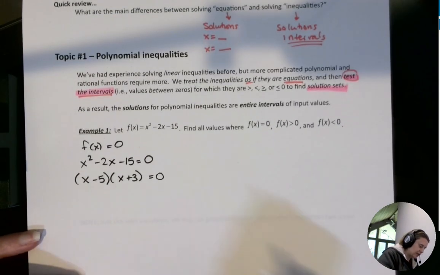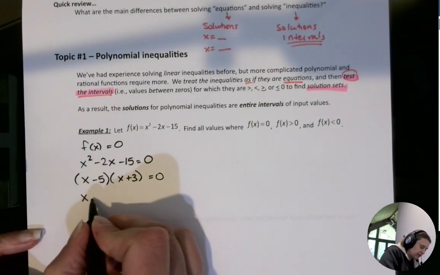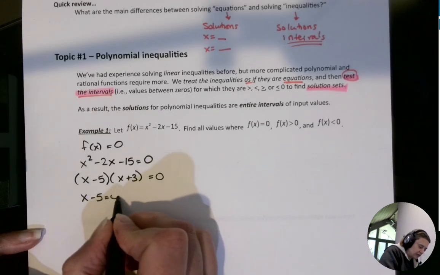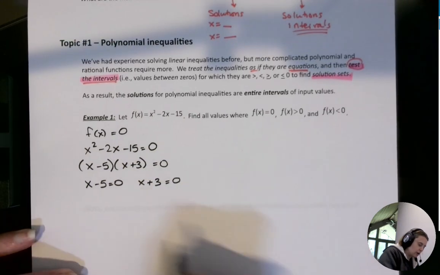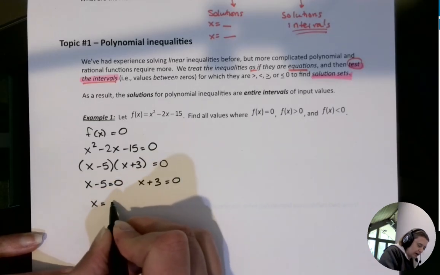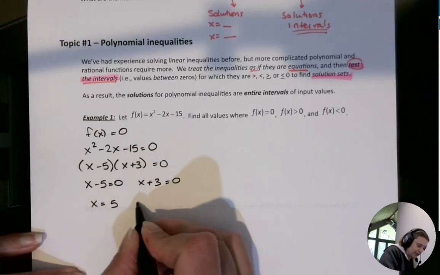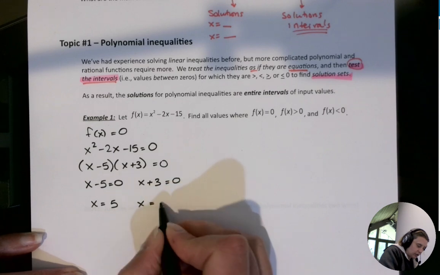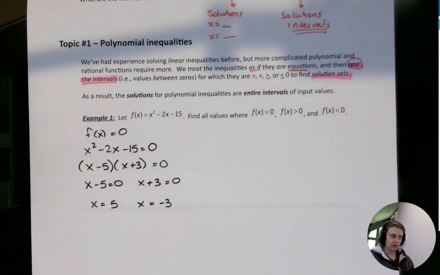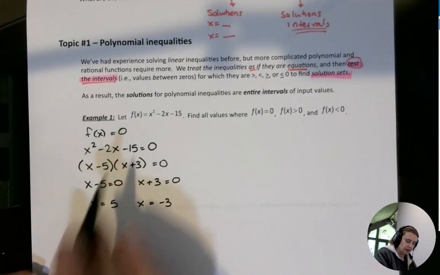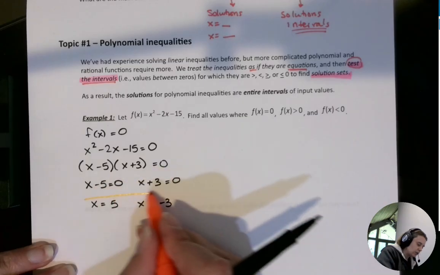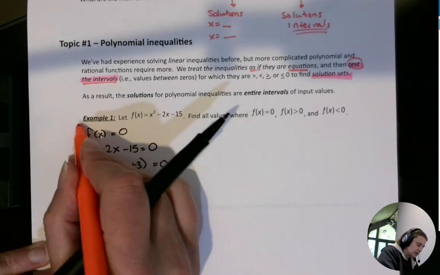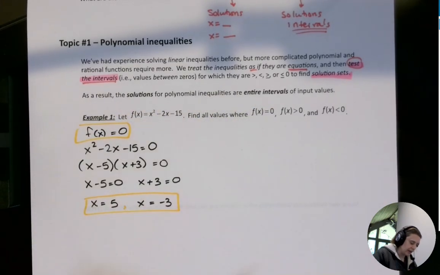So when we solve this, x minus 5 is equal to 0, or x plus 3 is equal to 0. So our solutions are x equals positive 5 if we add our 5 over, and x equals negative 3 from subtracting the 3 over. So the equation f of x equals 0 has the 2 solutions, x equals 5 and x equals negative 3.